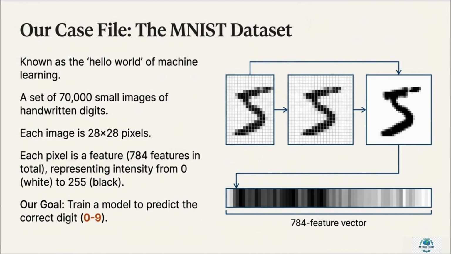Our goal is straightforward but challenging. We need to train a computer to look at these 784 pixel intensity values and correctly predict which digit from 0 to 9 the human wrote down. It sounds simple to us humans, but for a computer, it's a complex pattern recognition task.